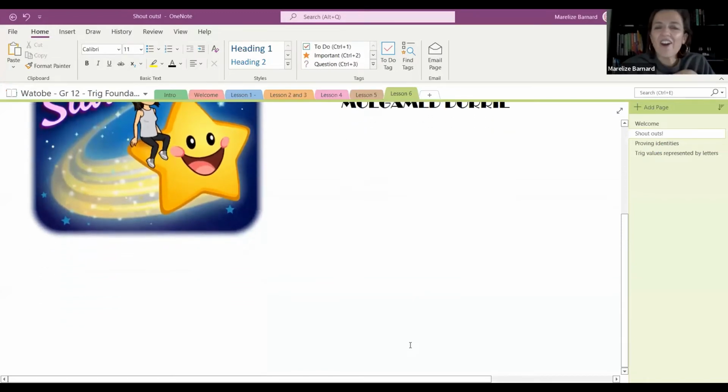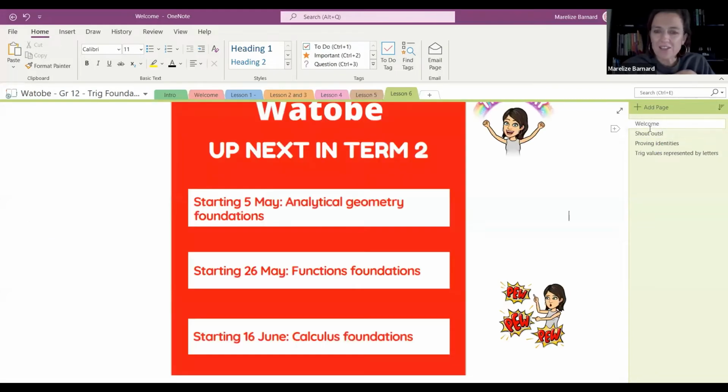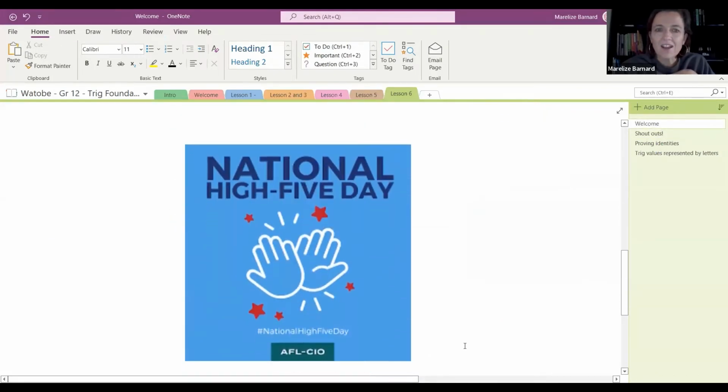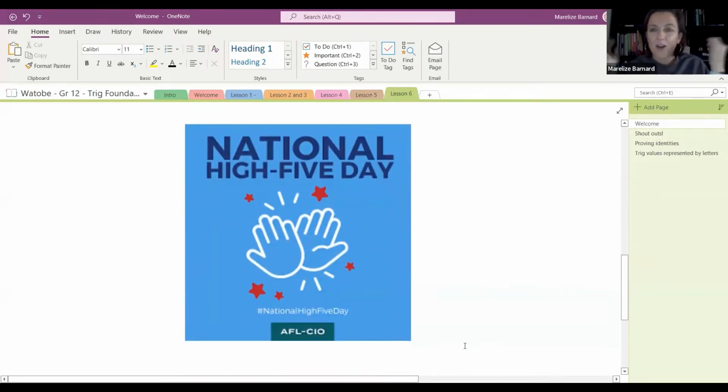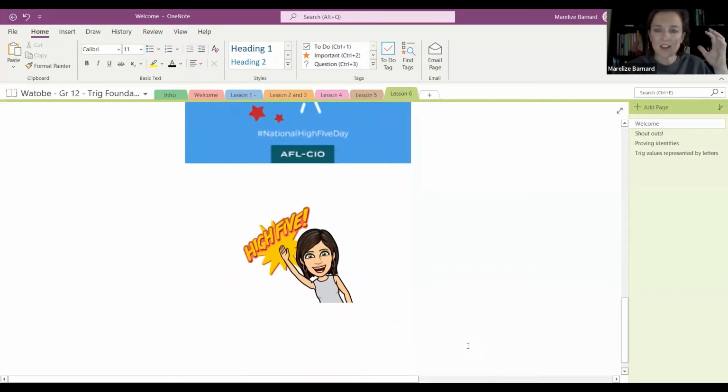Now, I don't know if any of you know, but today is actually National High Five Day. So I thought we would quickly do one big virtual high five in the chat. But let's time it and let's all do it at once. I'm going to count us down. Look for your high five emoji if you can find it.